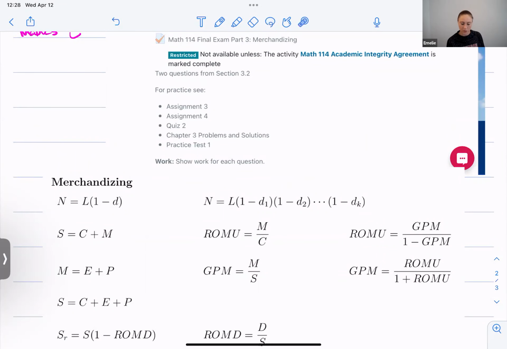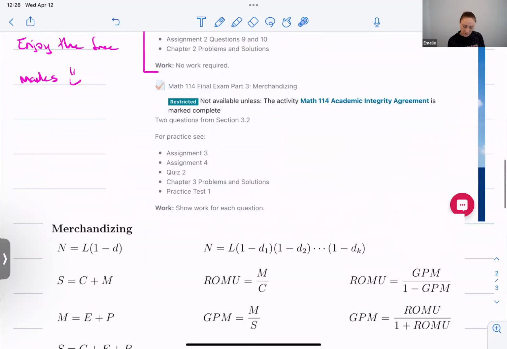You do have to show work for each question. There's only 2 questions. And in terms of practice, you've got lots of practice. You've got assignment 3, assignment 4, quiz 2, the chapter 3 problems and solutions. And you've also seen it on test 1. Now I know I keep the tests hidden, and so you can use practice test 1.